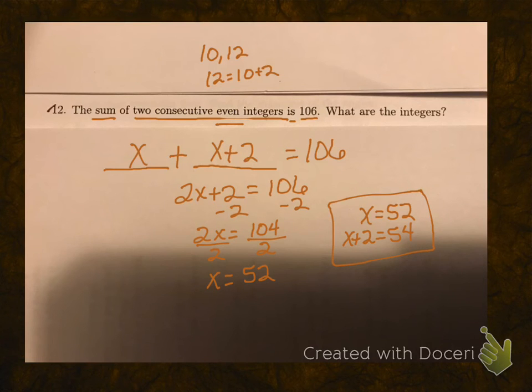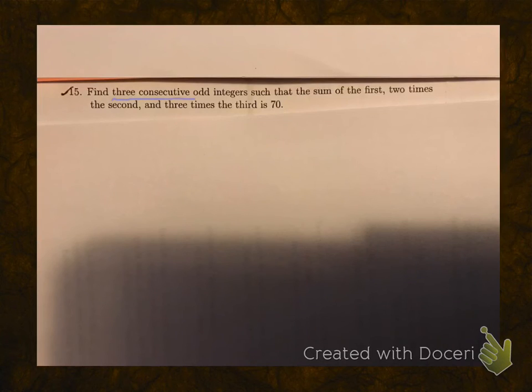Alright, let's look at the last one. Number 15. 3 consecutive odd integers. Okay, let's think of odd integers. 3, 5, and 7. 5 would be 3 plus 2. And 7 would be 3 plus 4.